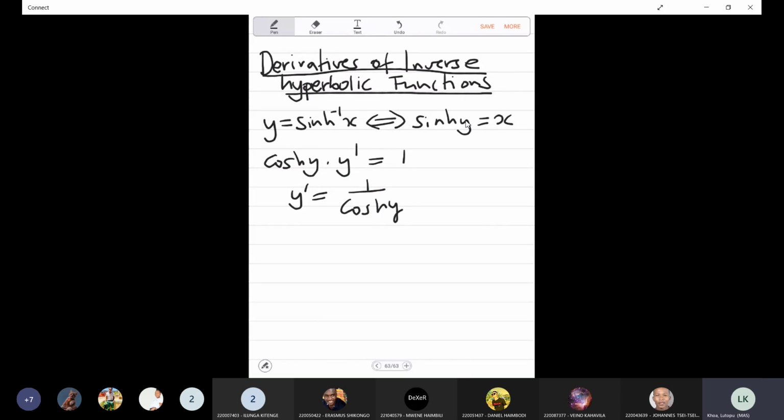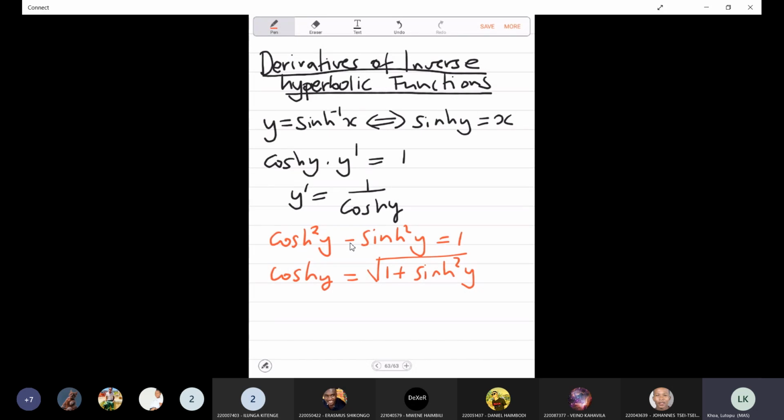Then you need to keep in mind that we have this identity. This is one of the identities that we proved. So from this identity over here, we have that the hyperbolic cos is the square root of 1 plus hyperbolic sine squared.